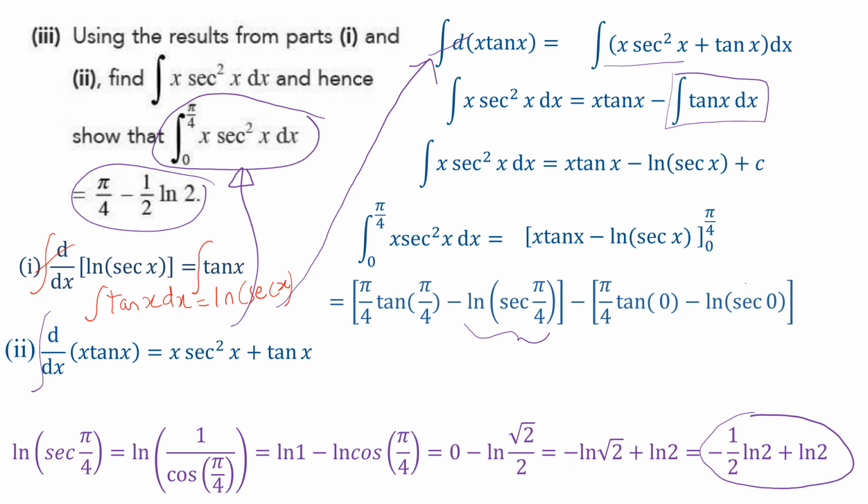Let's see what happened. Okay, why did it become plus? Can you see there's a negative here? So the negative and this negative become positive. Negative and plus become negative. And how do I get pi over 4? Because tangent 45 degrees is 1. So pi over 4 times 1 just gives me pi over 4.